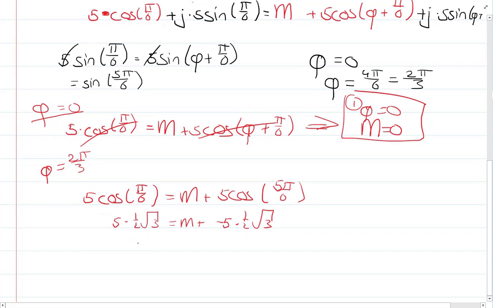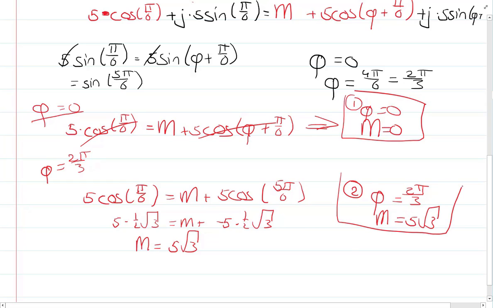So this will lead to our final answer: m should be equal to 5 times the square root of 3. So our second solution, for the case phi is 2 pi over 3, is m equal to 5 times the square root of 3. These two solutions are our final answer.